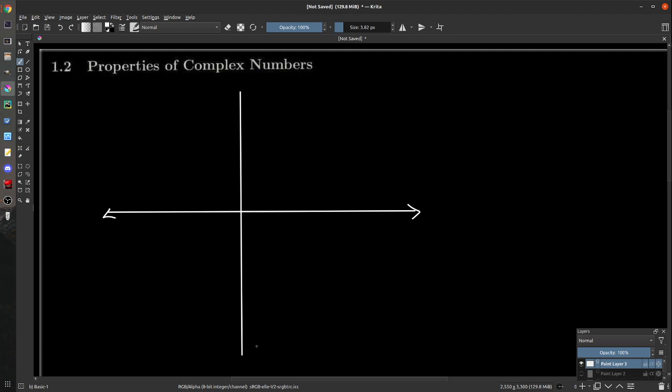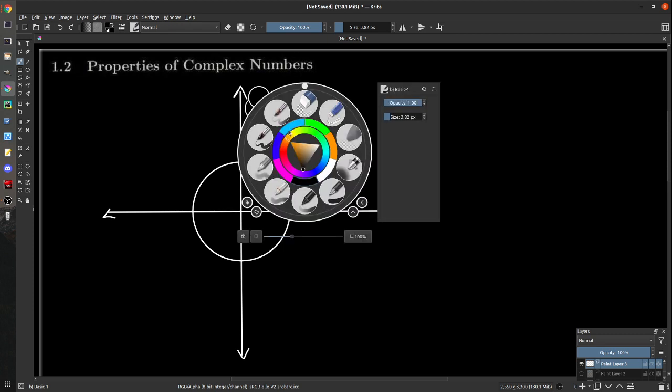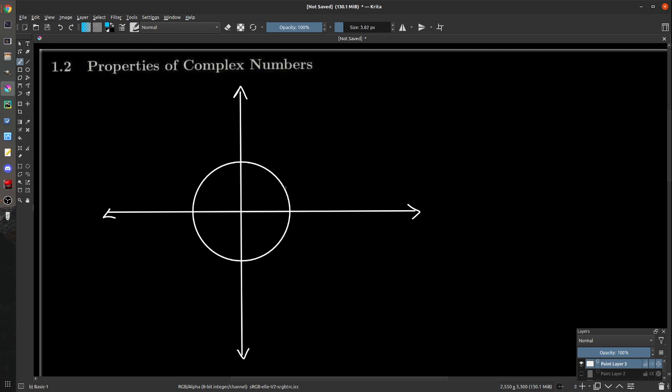Since we're in R2, it's just a circle in R2, all the points in R2 that have distance 1 from the origin. And in our case, this will just be something like this, right? So let's let this be the unit circle.